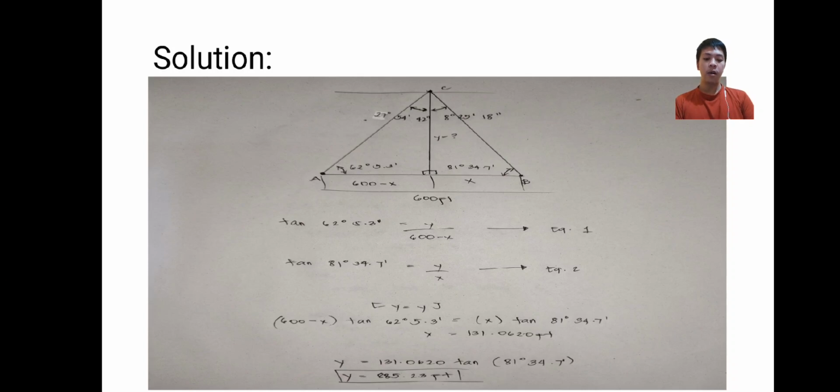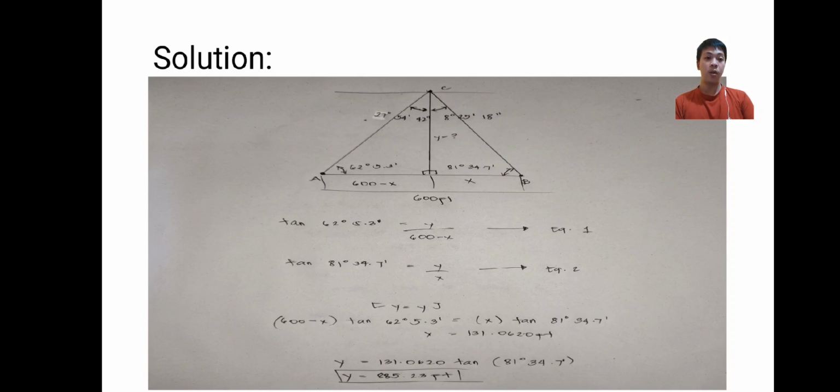Therefore, 600 minus x times tan 62 degrees 5.3 minutes is equal to x times tan 81 degrees 34.7 minutes. So the answer is x is equal to 131.0620 feet. It is the value of x.